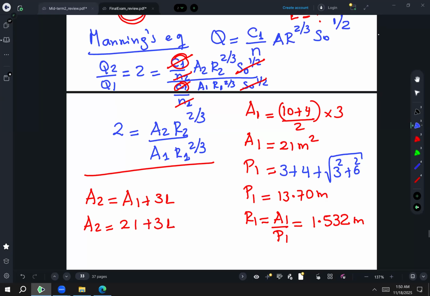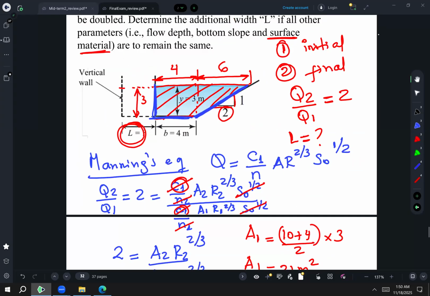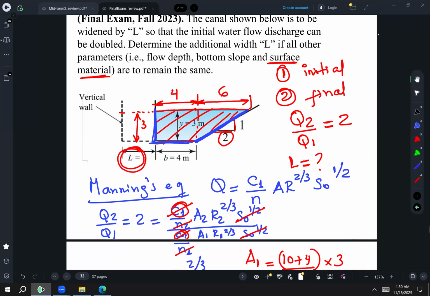And the perimeter 2 will be equal to this, plus this, plus this.